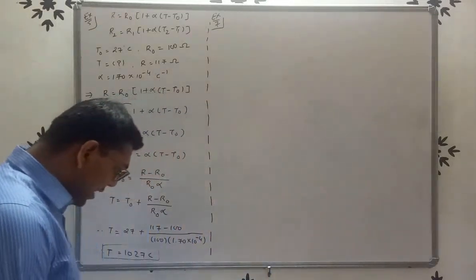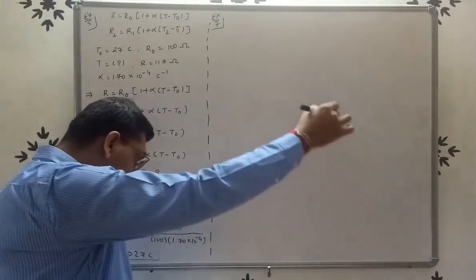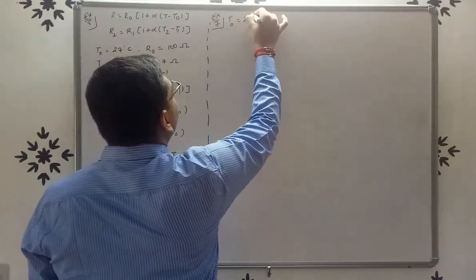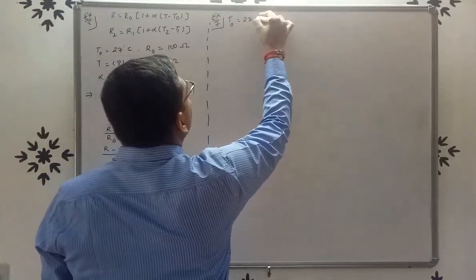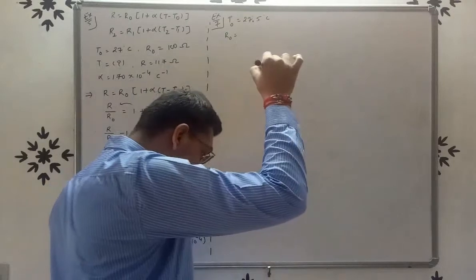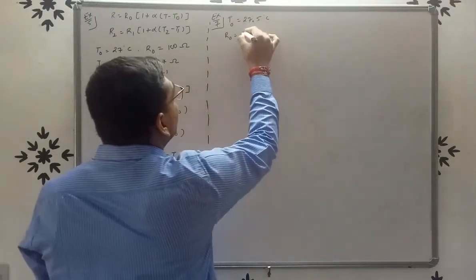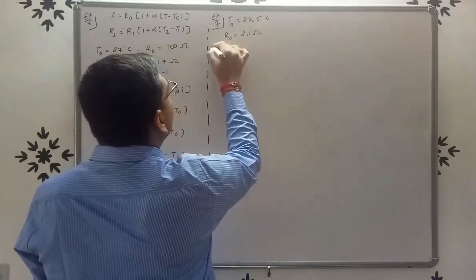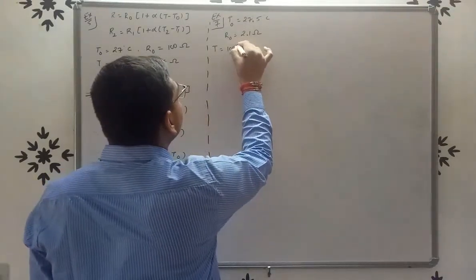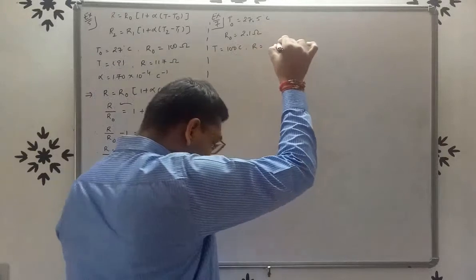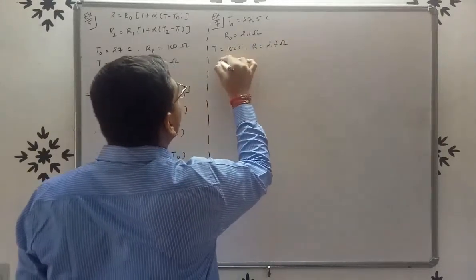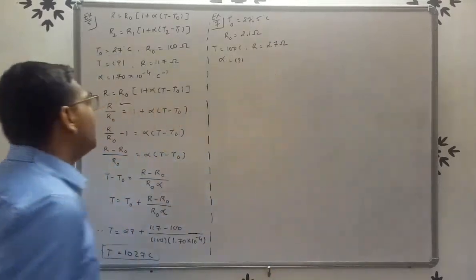So we know the room temperature T0 is 27.5 degrees Celsius. Value of R0 is given as 2.1 ohm. Temperature T is given as 100 degrees Celsius and R is 2.7 ohm. We have to find out the temperature coefficient alpha.